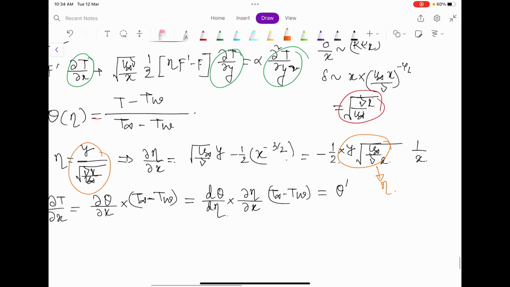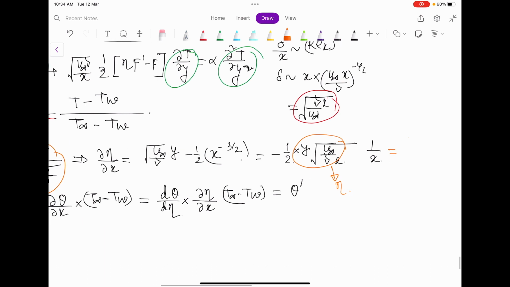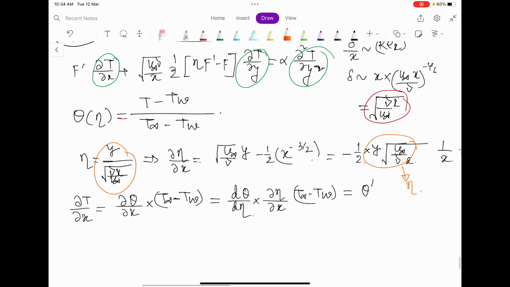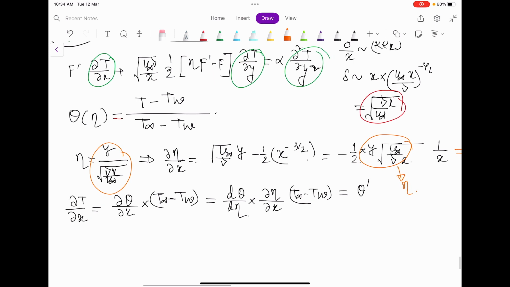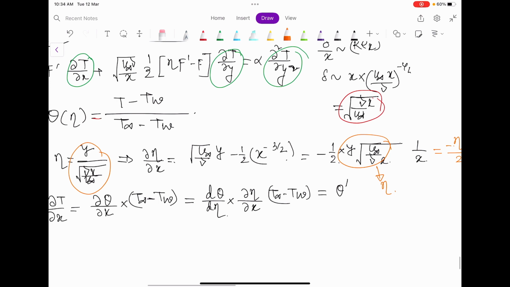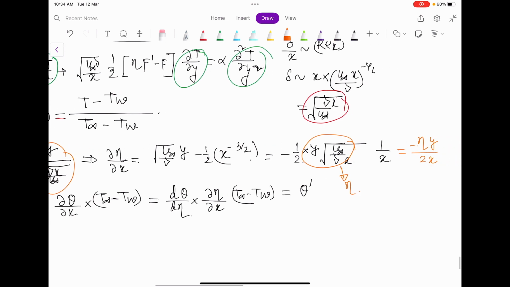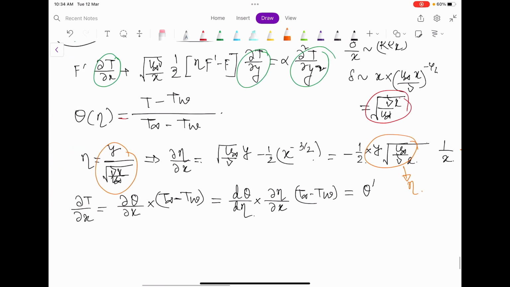So this becomes eta y by 2x, minus. If I am right, eta y by 2x.